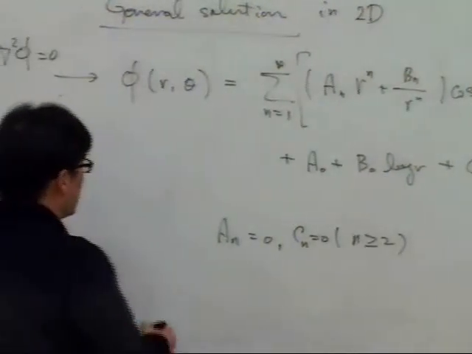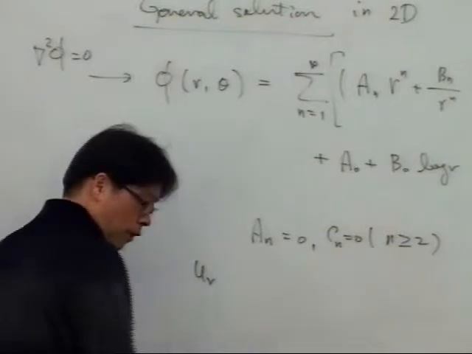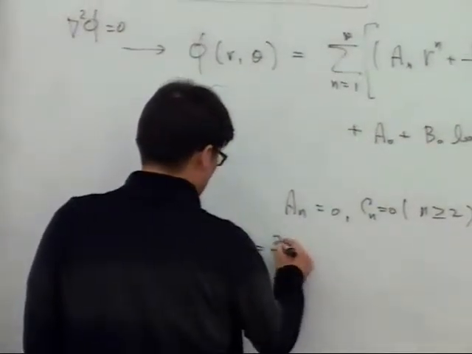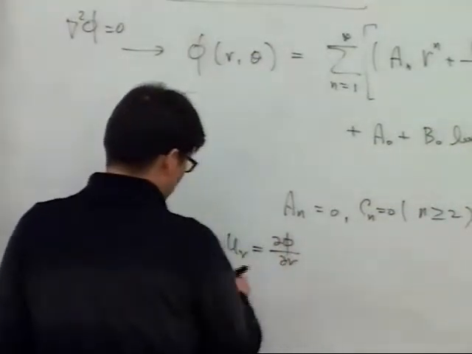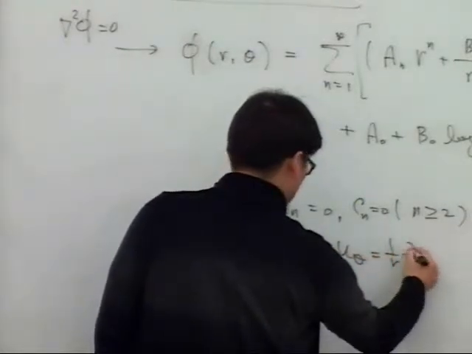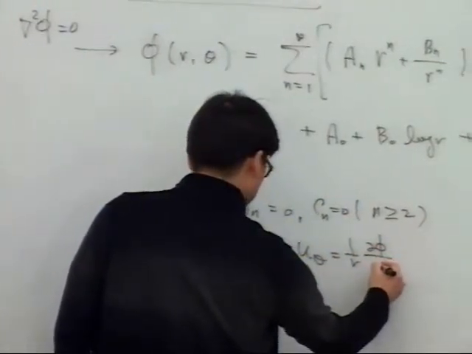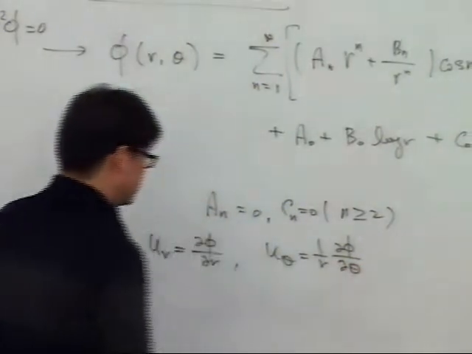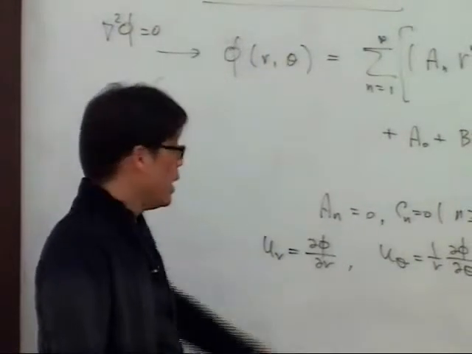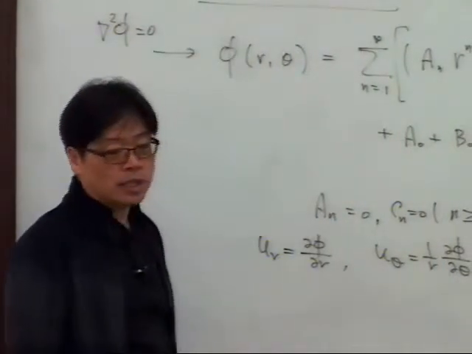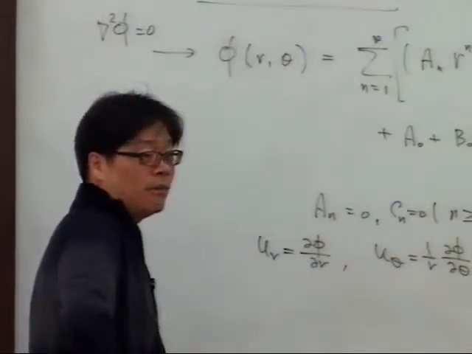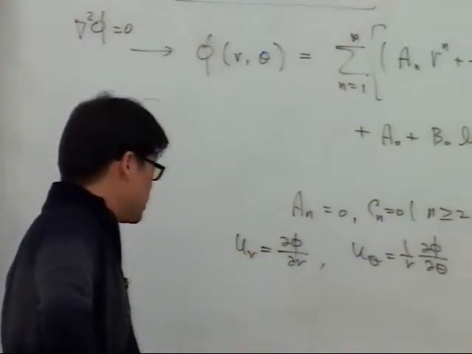The reason is, when we compute the velocity, which is a physical quantity, first of all, the velocity can be written in this way, radial and tangential velocity. And these physical quantities have to remain finite everywhere, including infinity.